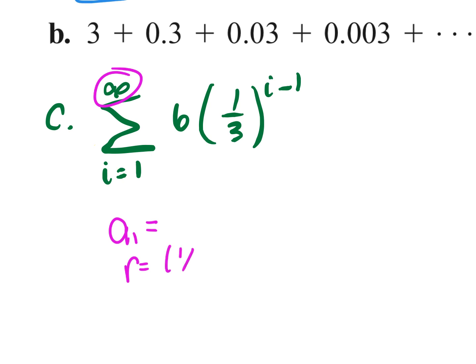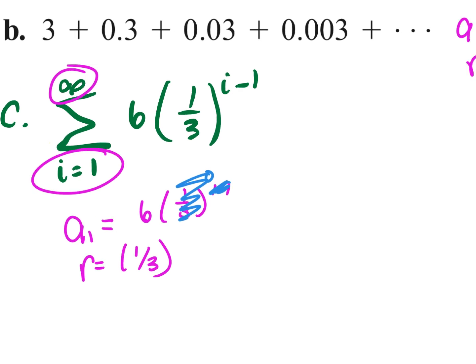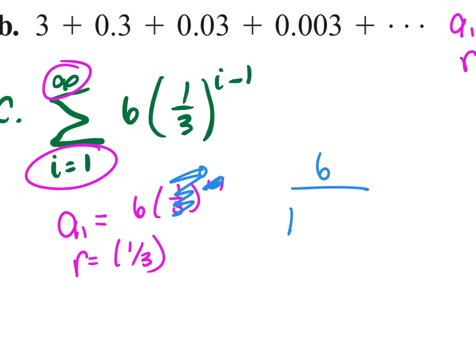1/3, good. How do you figure out what the first term is? You're going to plug in 1. So I have 6 times 1/3 to the 1 minus 1. Well, what happens with 1 minus 1? It's 0. What's anything to the 0 power? So what's your first term? That's it, guys. So you have 6 over 1 minus 1/3.